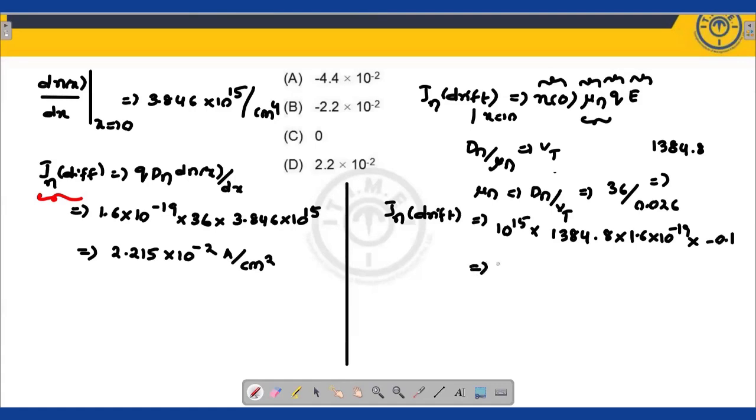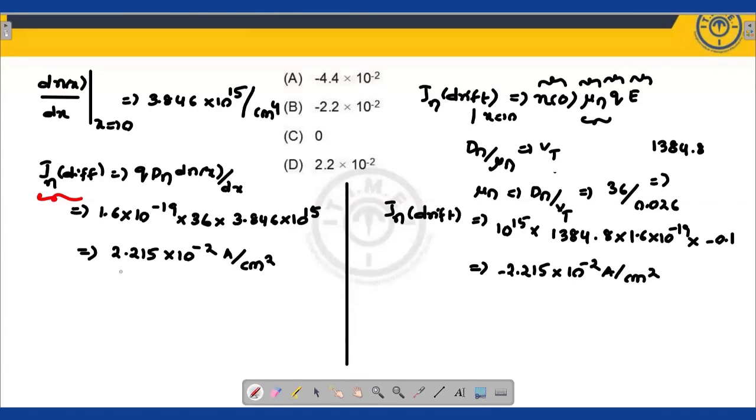Then you are getting, my dear students, this value is equal to minus 2.215 into 10 power minus 2 ampere per centimeter square.